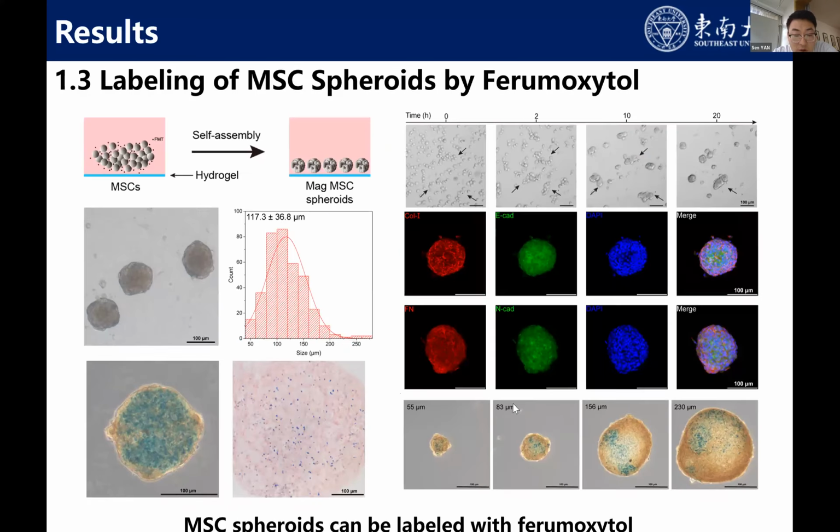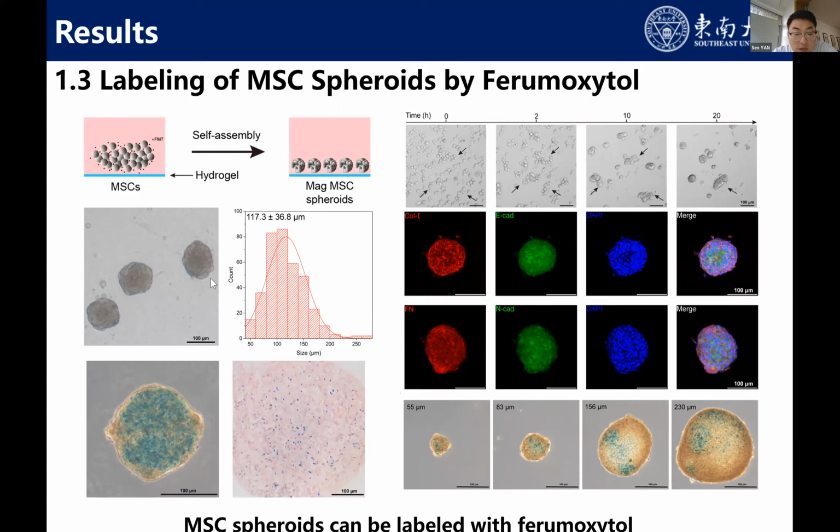Then, during cell culture, we added ferumoxytol in the medium. After culture for 1 day, spheres gradually formed dense and complete structures and secreted a large amount of ECM proteins. After 3 days, the spheres showed an average size of 117 micrometers.